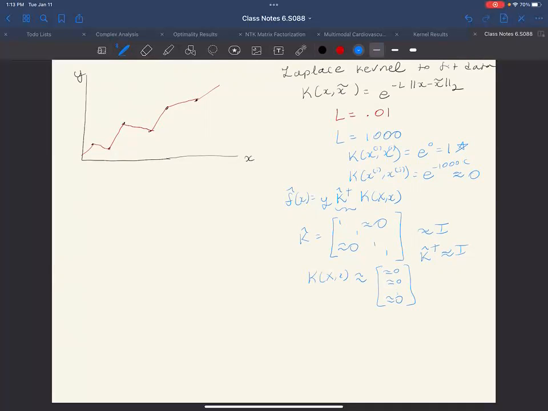What you'll see is something like this. It'll spike up at the data points, and it'll be very close to 0 everywhere else. This is probably why you wouldn't want to pick a super high bandwidth. These two things imply that f hat of x is approximately 0 almost everywhere.